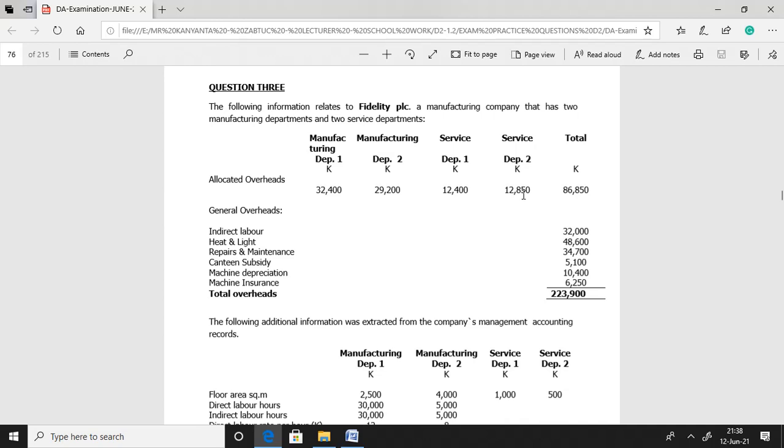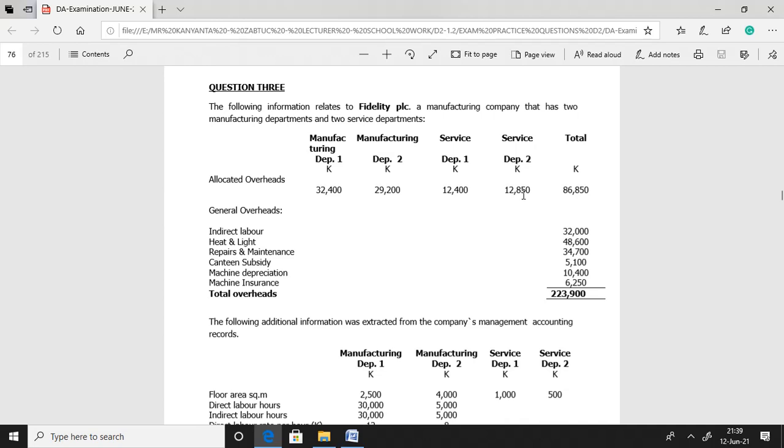On the other side, we have been given allocated overheads, which we are going to slot into the solution the way they are, because allocation means we are charging the whole cost item to a particular cost center. Then we have general overheads, which are supposed to be apportioned.